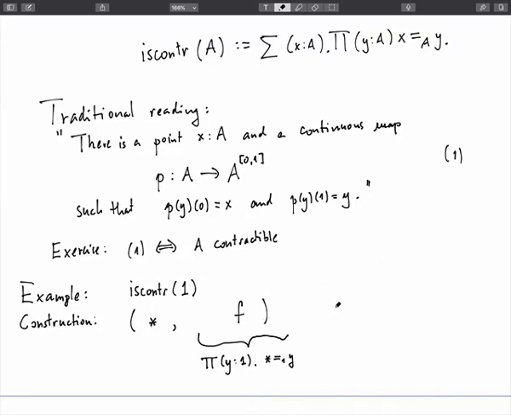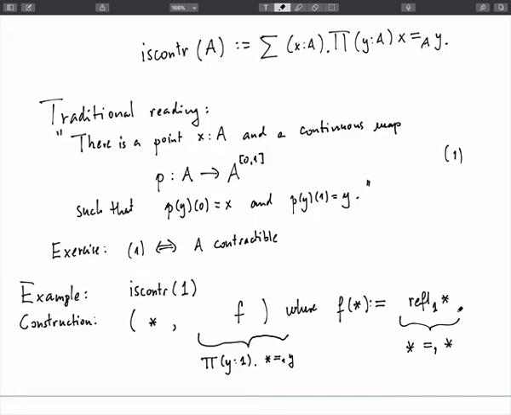And f is defined by f of star equals, so I just need to define what f does to star. That's sufficient, because that was the induction principle for the unit type. Okay, where does this have to go? Here, I'm looking for something that is in star equals star, but that's easy, that's a refl.